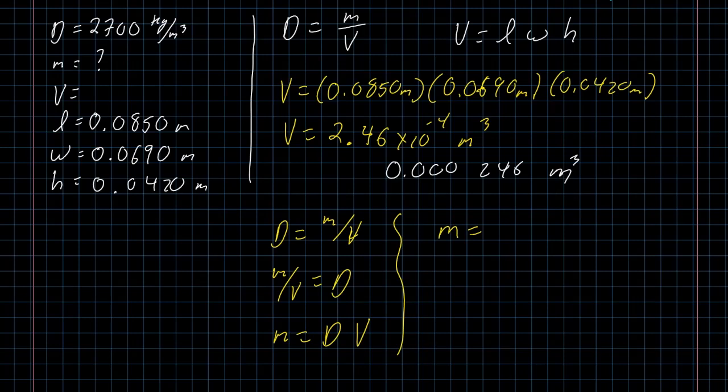All right. But my density was given to me as 2,700 kilograms per cubic meter. My volume I calculated as 2.46 times 10 to the negative 4 cubic meters. And when I set that up, the cubic meters down here and the cubic meters up here are going to cancel each other out, leaving me with units of kilograms, which is exactly what I hoped to find.